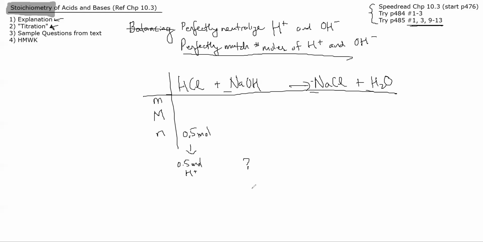So how many moles of NaOH do I need for it to be perfectly neutralized? Well, to fully neutralize would mean we have exactly enough of both reactants so that they both run out and none is left over.